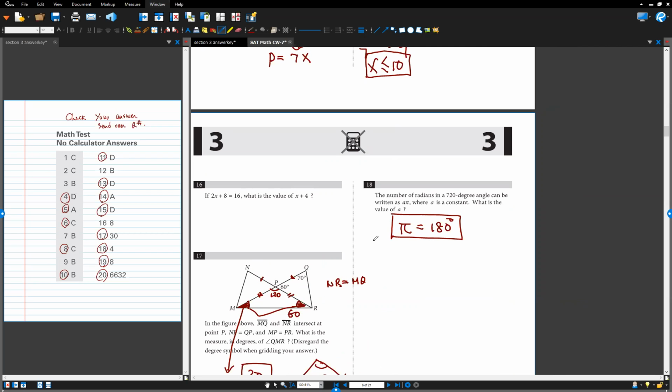You can use this. 700 degrees, I'm going to change to radians. This is degrees over here, so you multiply by the converting ratio. Degrees is always on the bottom. 180 degrees is pi radians. That's the formula.